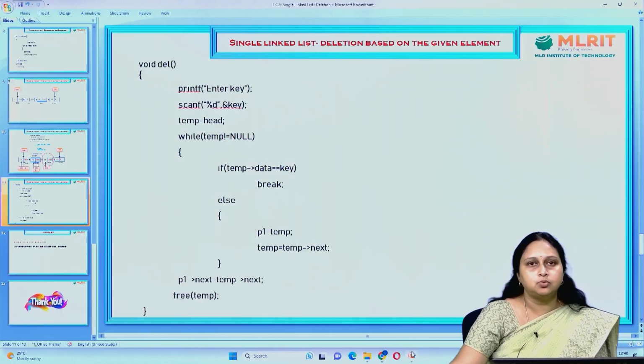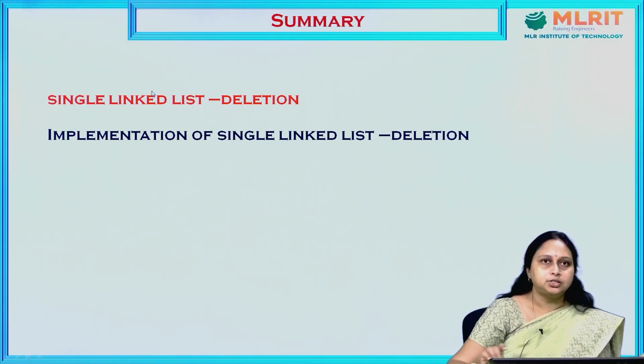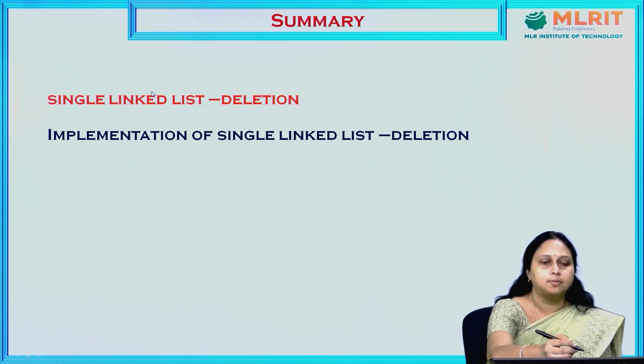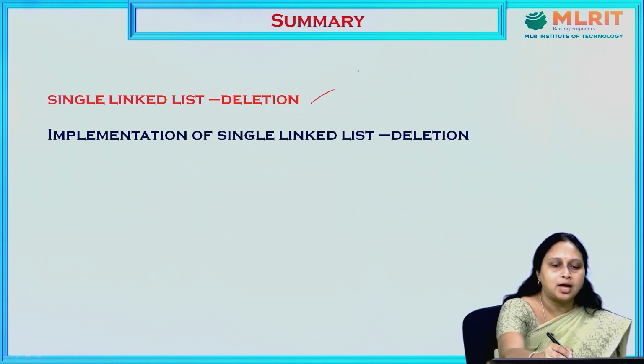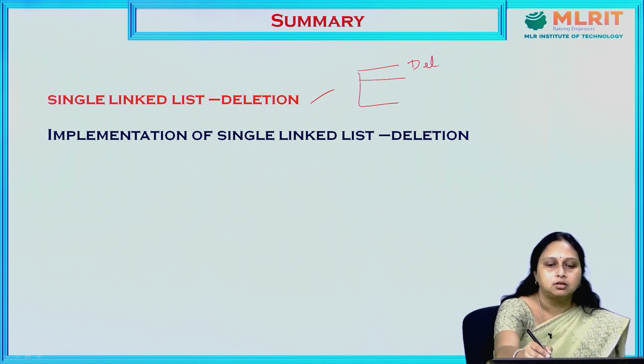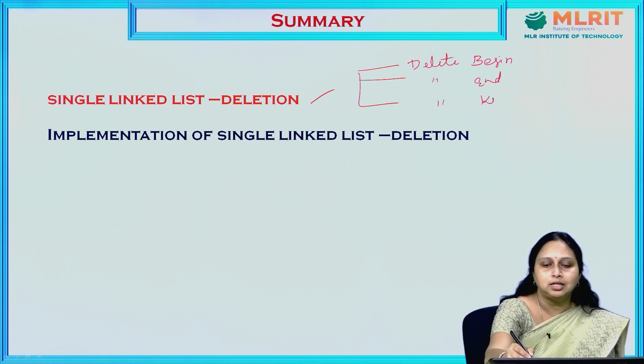Now let us see the summary. In today's session we have discussed single linked list deletion operations. We have seen the 3 operations: deleting a node at the beginning of the list, deleting a node at the end of the list, and deleting a node based on the key element.